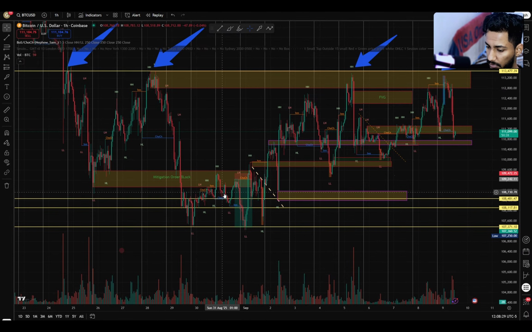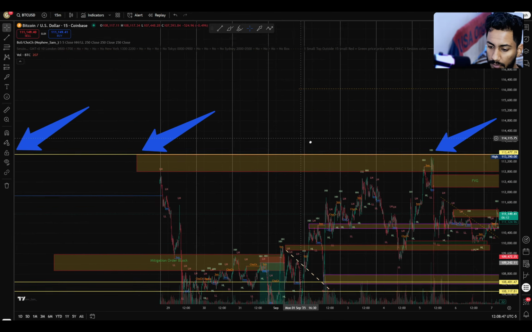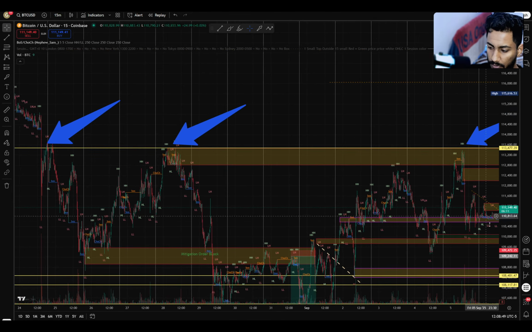Let's go to the 15-minute time frame. Now I will tell you, here I marked the order block. It's a bearish order block. It rejected for the first time. It covers a certain amount. Just wait a second.